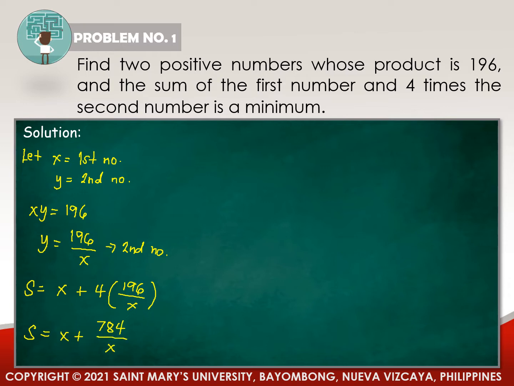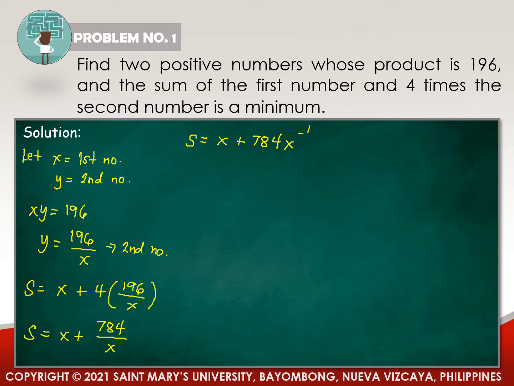Okay? Then, since we are going to differentiate this, we are going to transform the fractional term into a negative exponent para mas mapadali yung pagkuha natin ng derivative. So, s becomes x plus 784 x to the negative 1, right? Because when a positive exponent of a variable is moved to the numerator, the sign of the exponent will change.